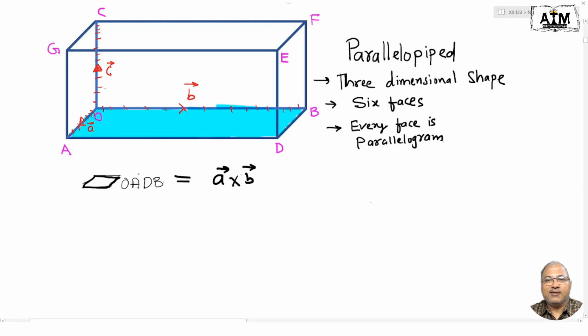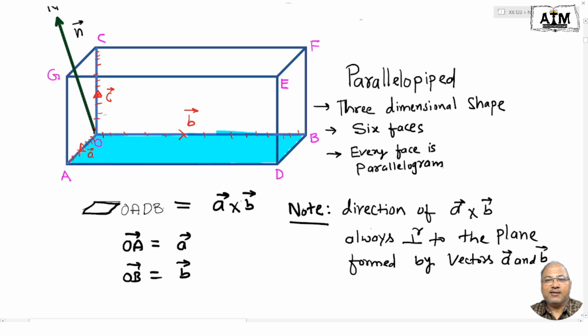Now we have the two vectors, vector OA and vector OB. Vector OA is represented by the small vector A, and vector OB equals vector B. To find the area of parallelogram OADB, we first find A cross B. So A cross B gives the area of parallelogram OADB.